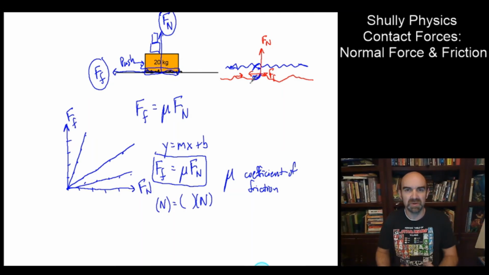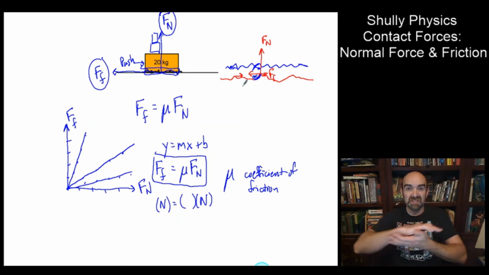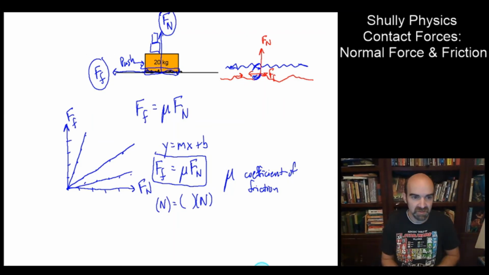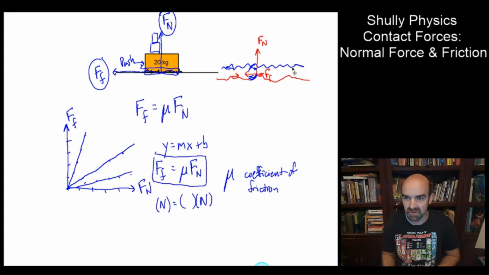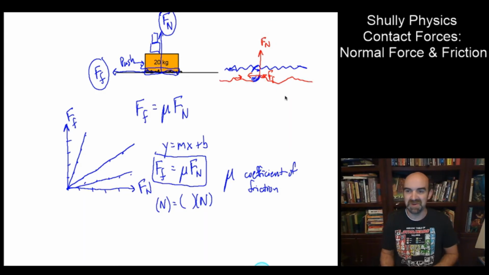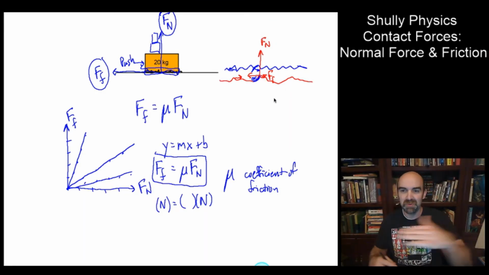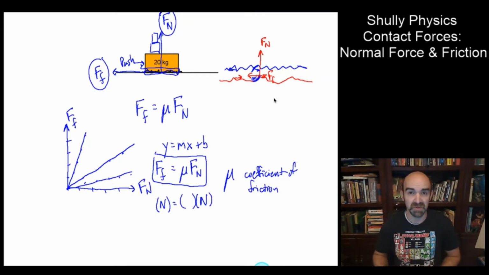It makes it more difficult to move. But once you've got them sliding, you can imagine that blue surface gliding. It's almost like it's skipping over waves as it moves forward. So the kinetic friction is going to be less.